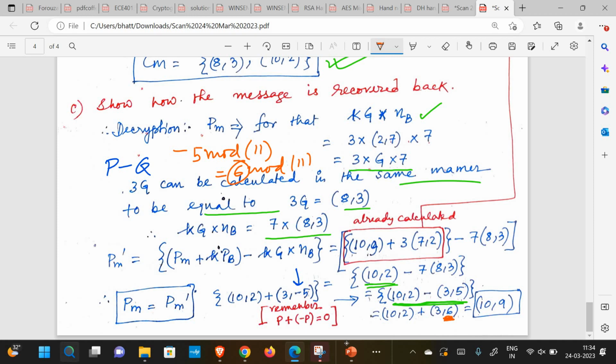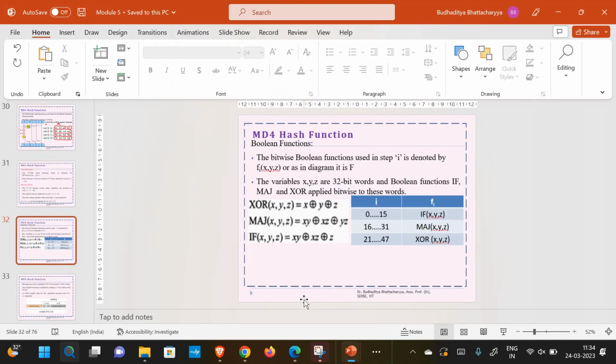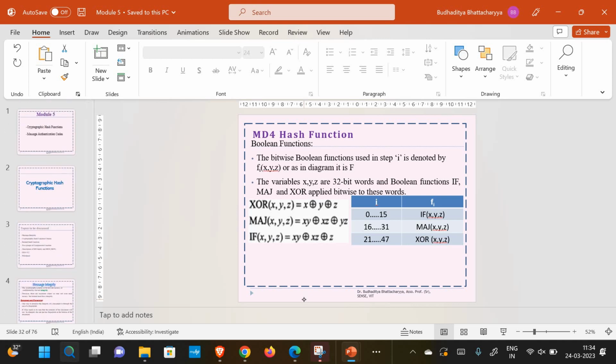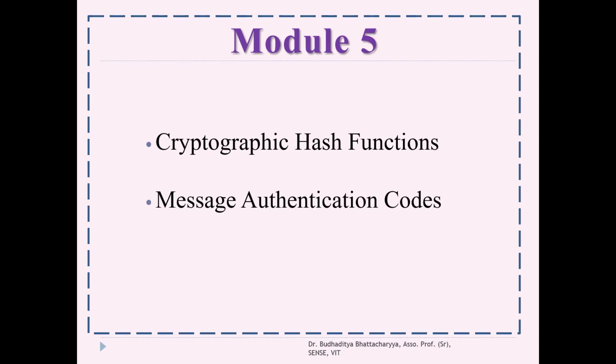So let's start with module 5. I'll just go through a few things before we end today. Module 5 is dealing with something called hash function. This is relatively different to what we have discussed so far.